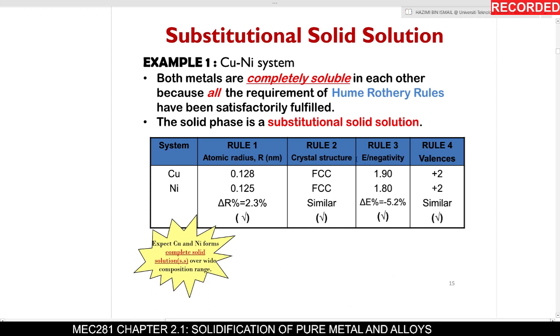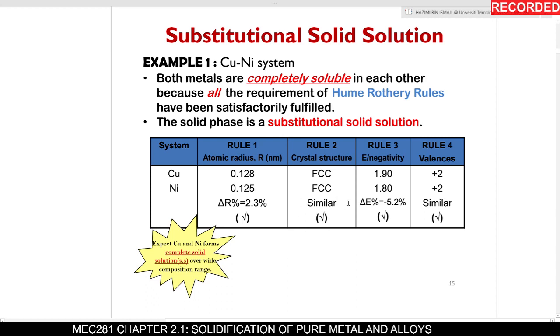The second rule is the crystal structure. Copper and nickel must have the same crystal structure. We find in the textbooks or on the internet that copper is face centered cubic, FCC, and nickel is also FCC, so it is similar.